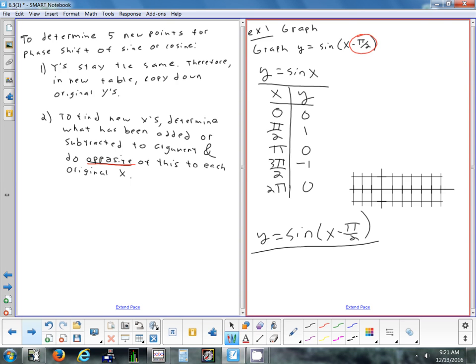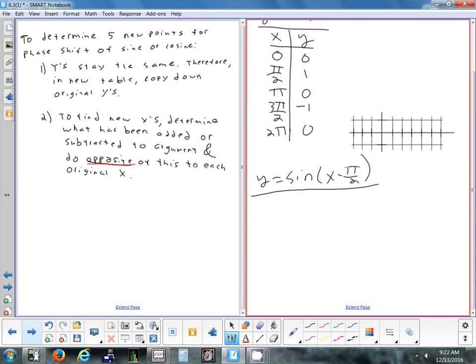Even if you don't know the name of it, can you just tell me the direction that it moves things? Left or right? Okay, so what's the name of that one, Ian? Horizontal shift, or a phase shift. So anytime you add or subtract a number inside parentheses, that is a phase shift. It's the only one we know so far.